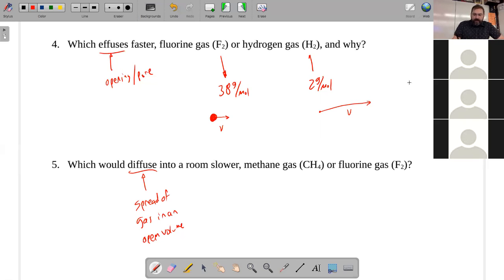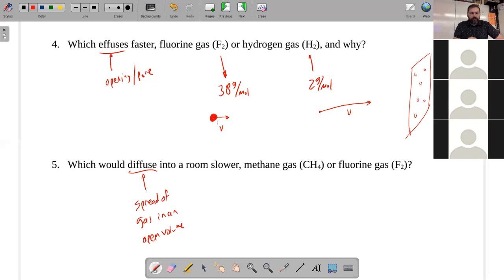So if you consider each of these two particles possibly going toward a surface where there's holes in it, or maybe it's like a doorway, not only will the hydrogen gas get there sooner, but the particle size is much smaller, so it's much easier for it to effuse or get through the pores in the material.